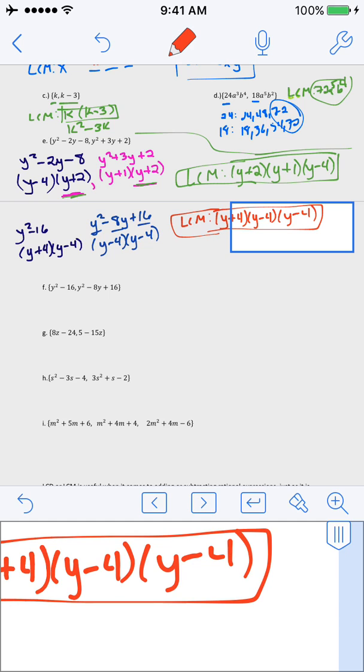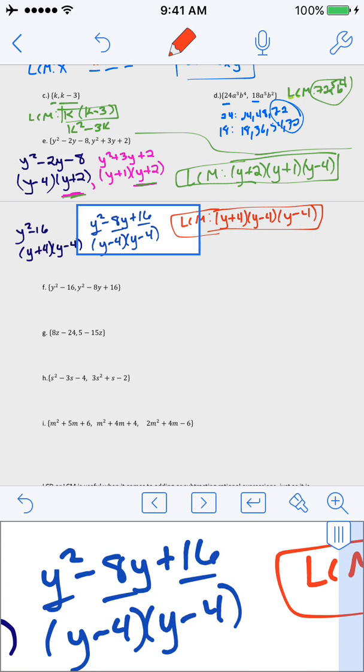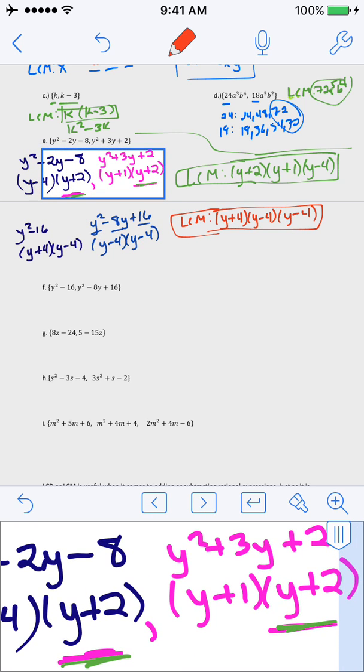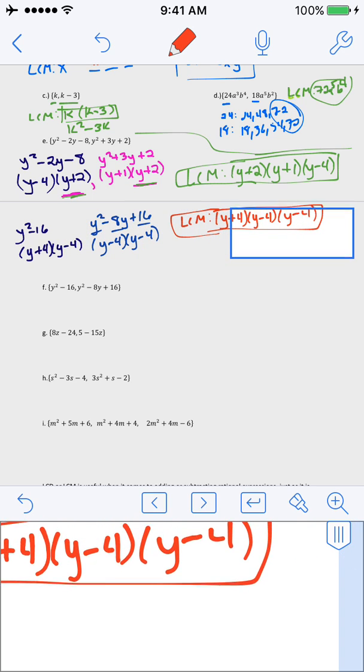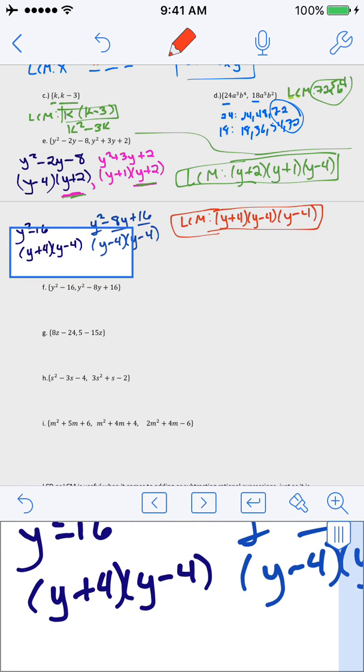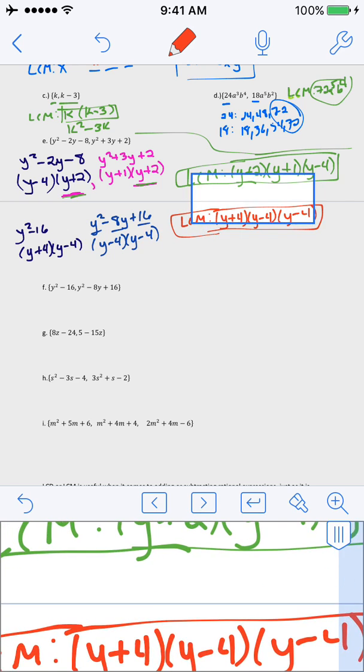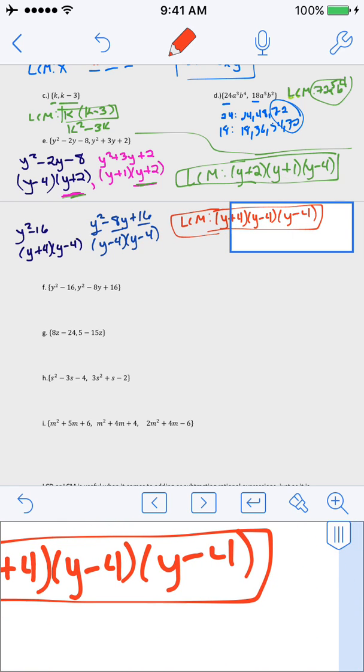So in my LCM, I needed to have 2 y minus 4s. If you have doubles within one polynomial, that's different than them sharing a factor. You see what I mean? This guy has 2 already. He needs to still have 2 in the LCM. He only has 1, so they only have 1. You don't need to write 3 of them down. You just need to write 2. Okay, I hope that makes sense.